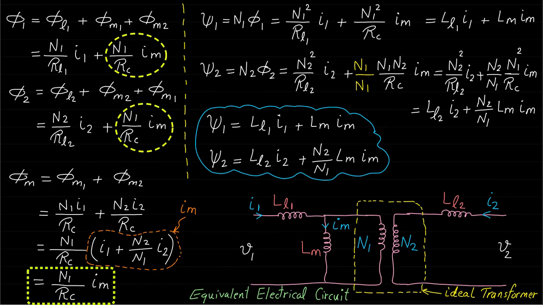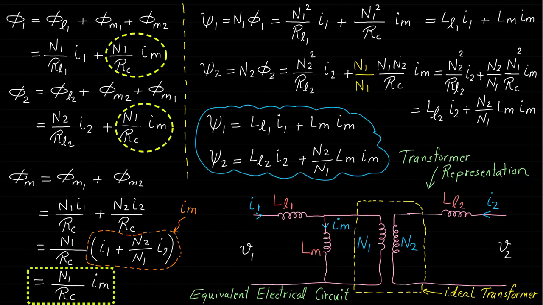This type of modeling is called the transformer representation of the magnetic circuit. We will talk in detail about this type of modeling during the electrical transformer lectures.